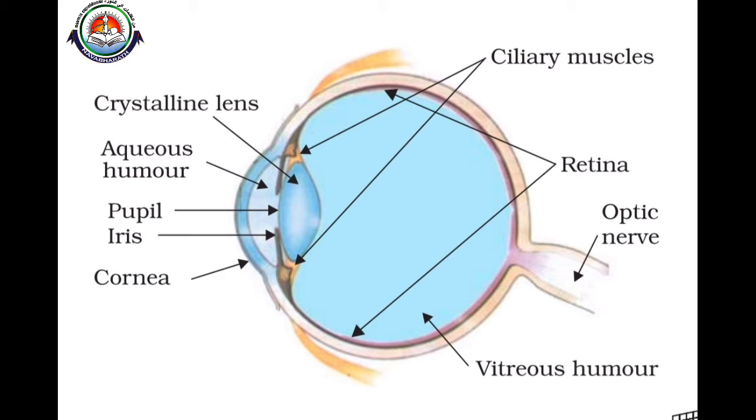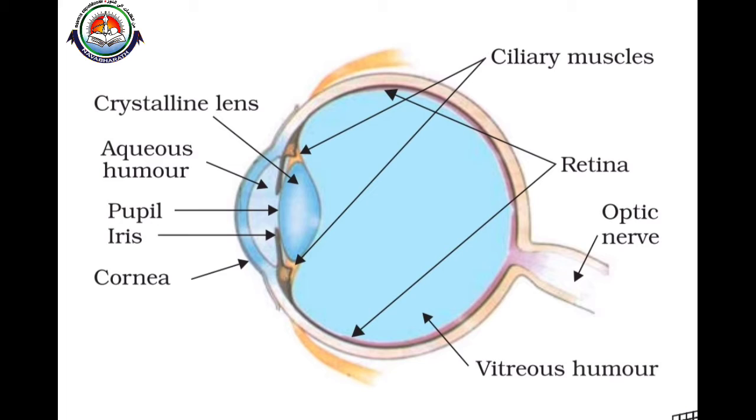A real, inverted and diminished image is formed by the eye lens on it. This is the function of the retina. These are the main important parts.